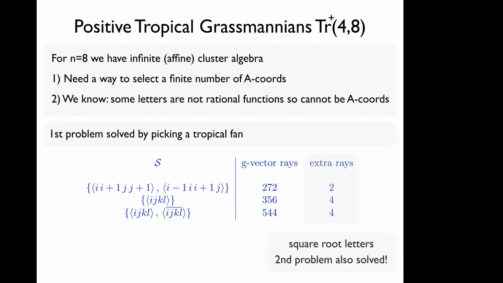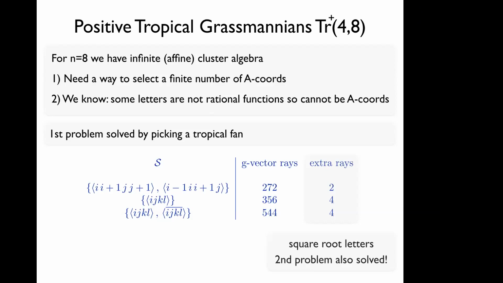Yeah, but what I meant is that I can imagine that there is an uncountable number of different rays that you can obtain by choosing different sequences, right? So is there any kind of axiomatic way to see which are interesting for you? Yes, that's right. So we know which ones are interesting by our choice of tropical fan. And there are certainly infinitely many. I don't know if they're uncountable, but yes.